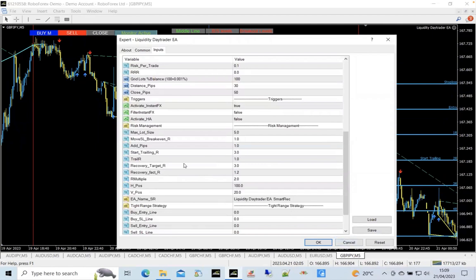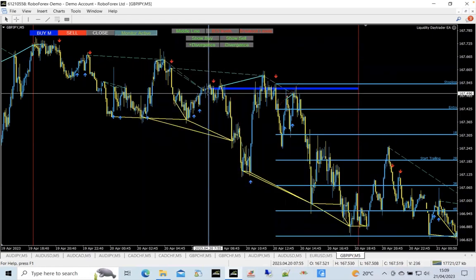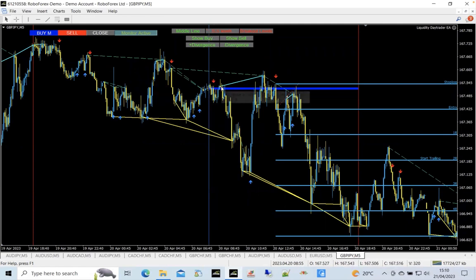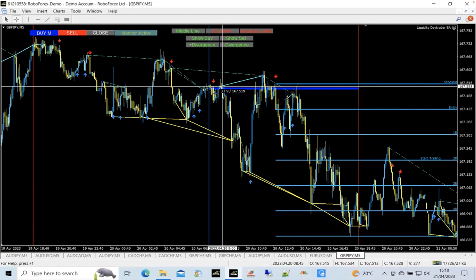With smart recovery, what is our target? Let's say here we hit the stop loss of 1R. Do we want the opposite trade to also be 1R? Or do we just want to recover the R that we lost? Or do we want 3R or 1.5 or 2R? We want to make some profit on it.